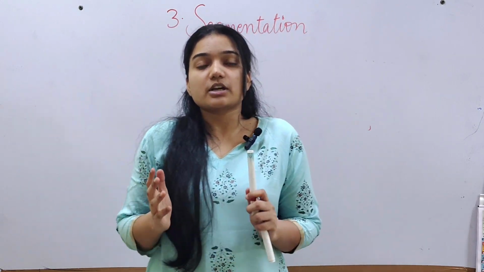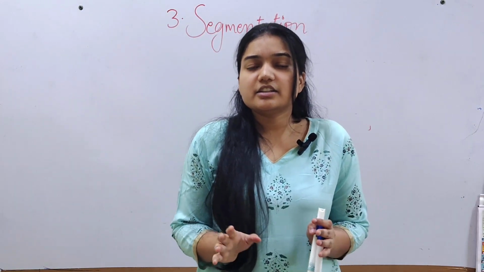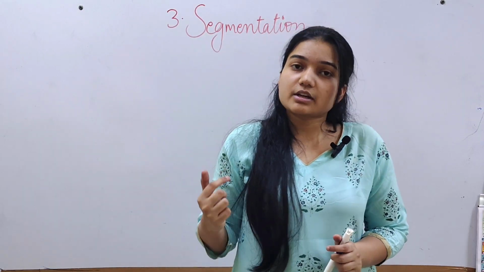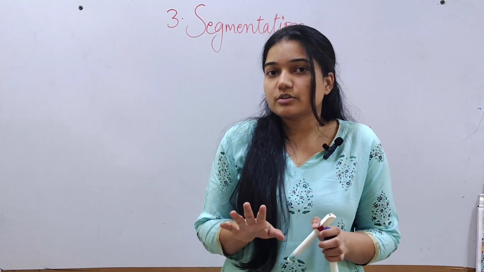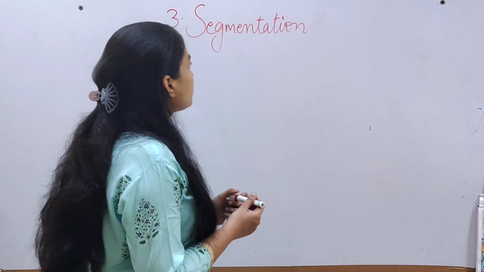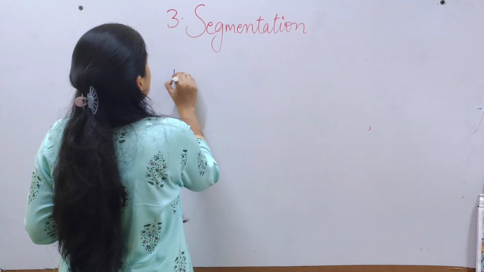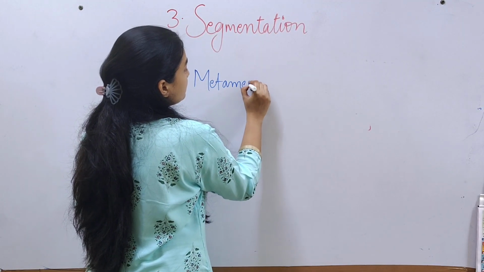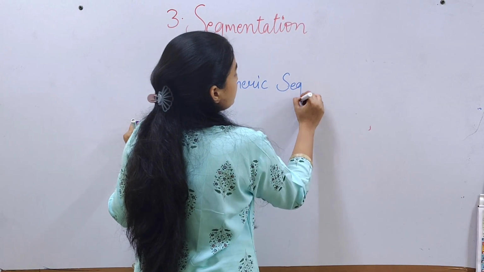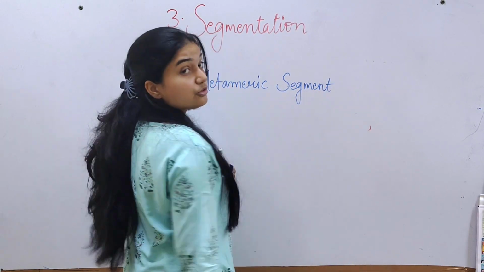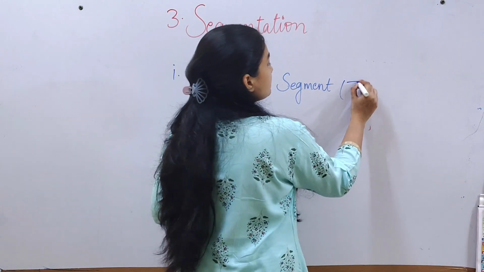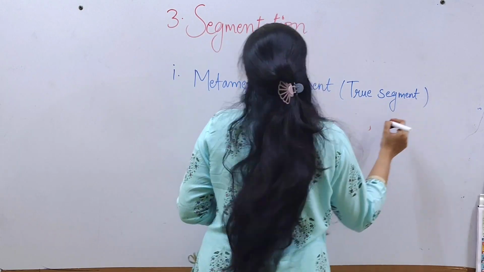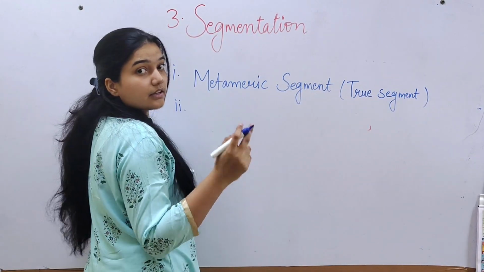The topic of segmentation simply means the division of the body of the animal into segments. In this, there are four types of segments. Firstly is metameric segment, which is also known as true segment. Second is internal segment.